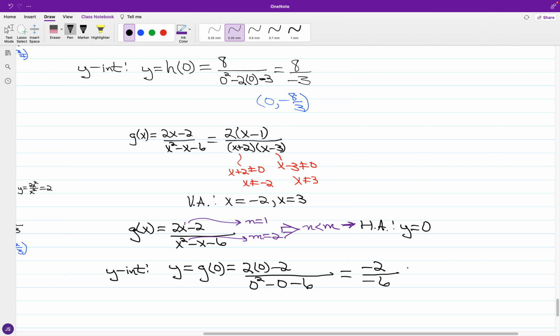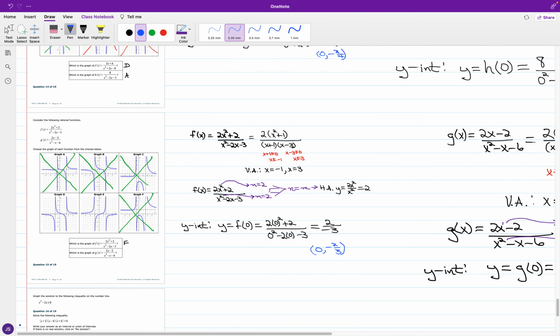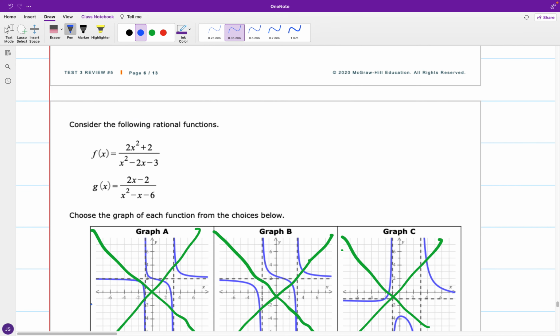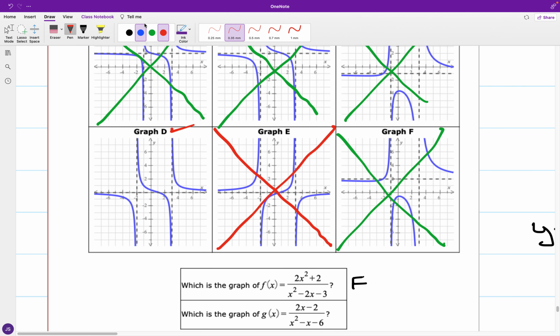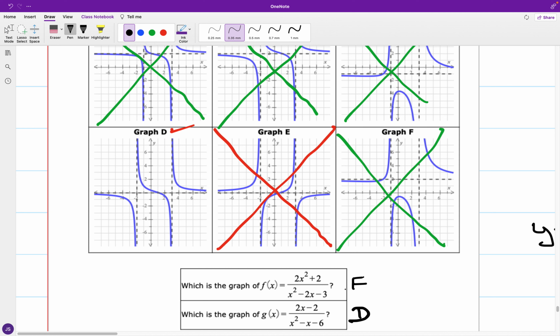And negative 2 over negative 6 comes out to a positive 1/3. So between graphs D and E, the one that has the positive y-intercept is going to be this one, whereas E has a negative y-intercept, so you cannot have 1/3 on that one. So for the graph of g of x, this will come down to D among the 6 choices.